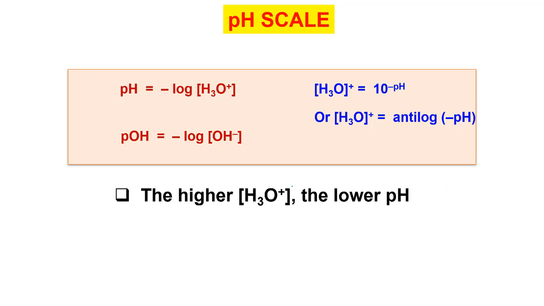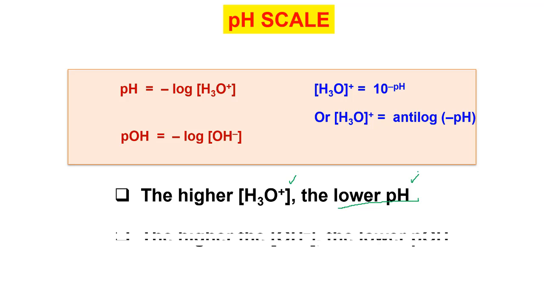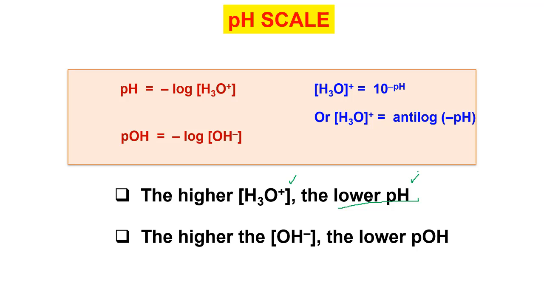Kalau concentration hydronium ion sesuatu larutan itu very high, solution itu akan mempunyai lower pH. If the higher the concentration of hydroxide ion, the lower the pOH. Kalau solution itu mempunyai concentration hydroxide ion yang sangat tinggi, so nilai pOH-nya very low ataupun lower. So dia inverse ya.